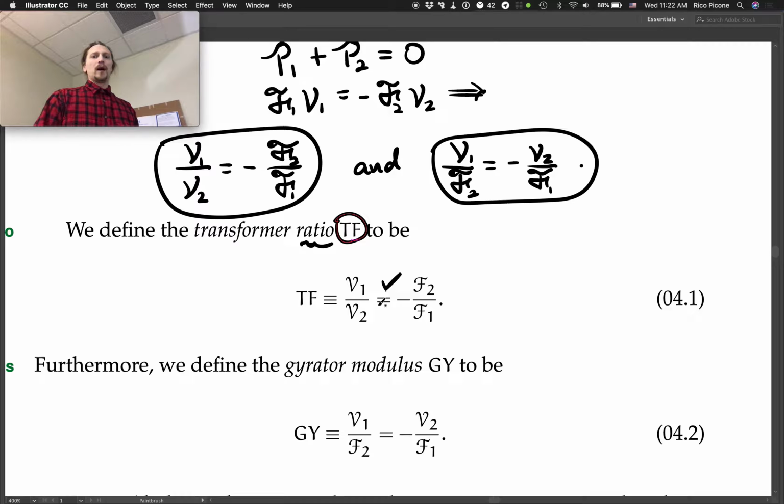Modulus, or moduli in plural, tend to be quotients of quantities that are dissimilar from each other. In this case, we have across variables and through variables that are mixed in the quotient.